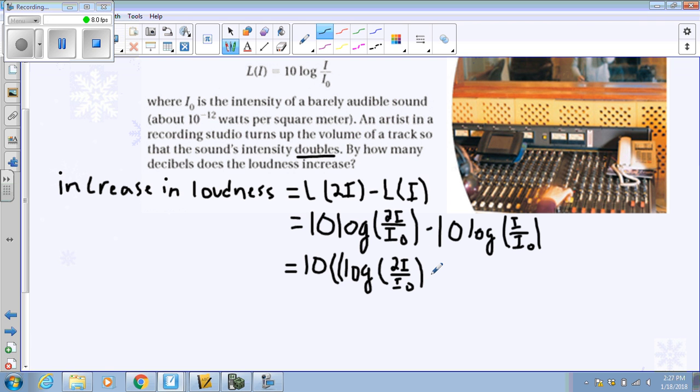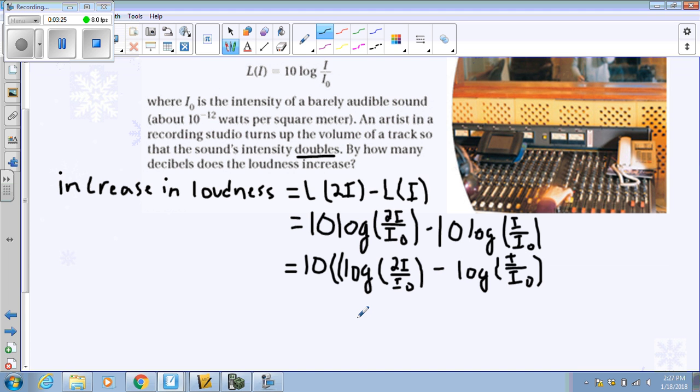And then we subtract from it our original function here, log of I divided by I naught. You really don't need the second parentheses, so go ahead and erase that.